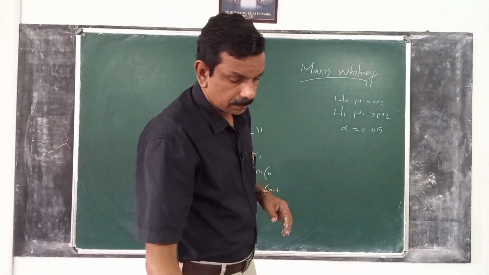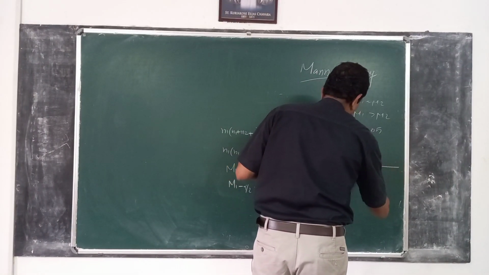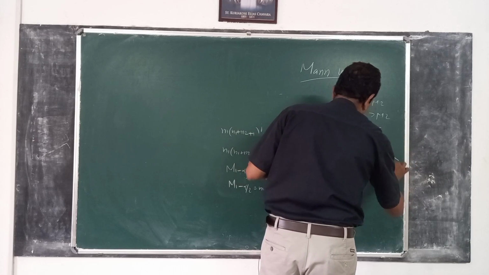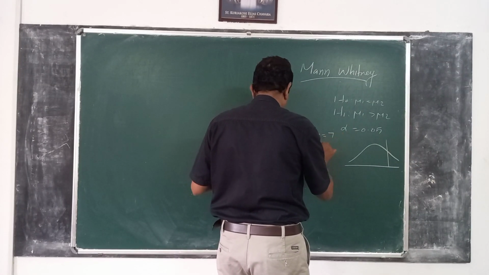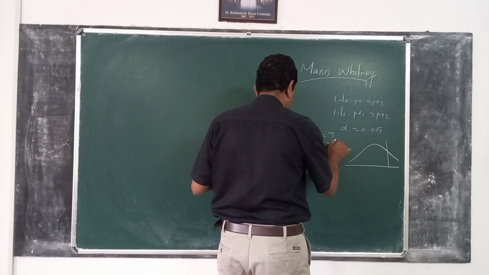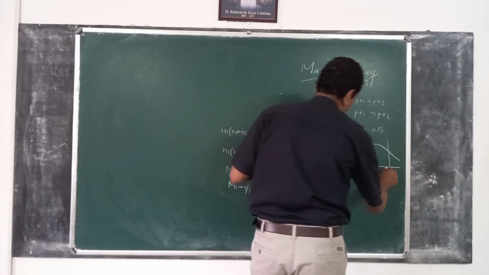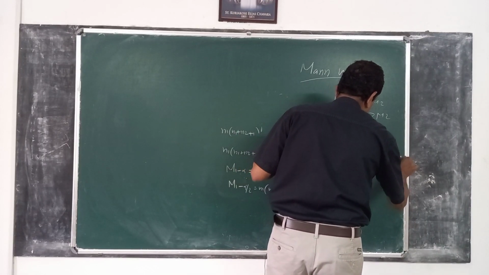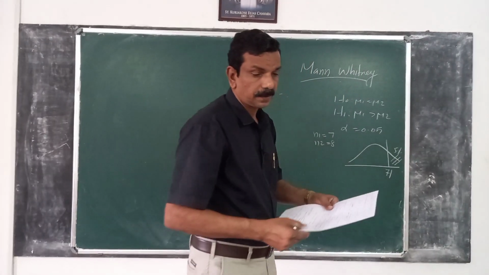And our test is a right-tailed test. n1 is equal to 7, n2 is equal to 8, alpha is 5%, and the critical value is 71.